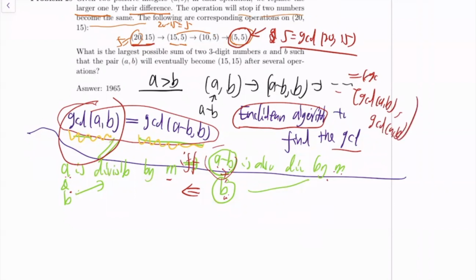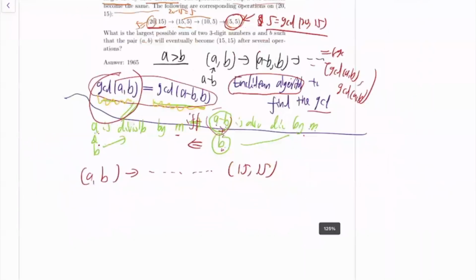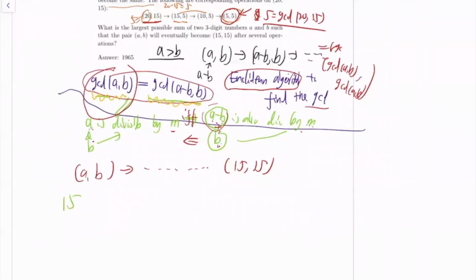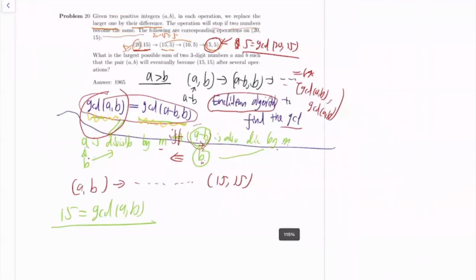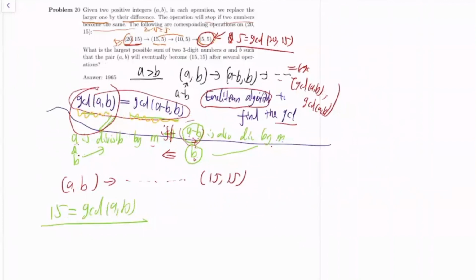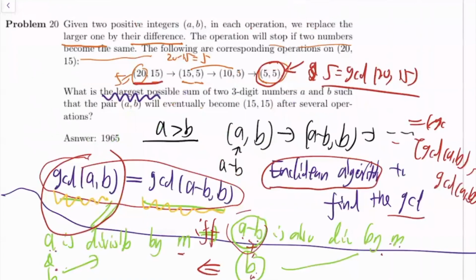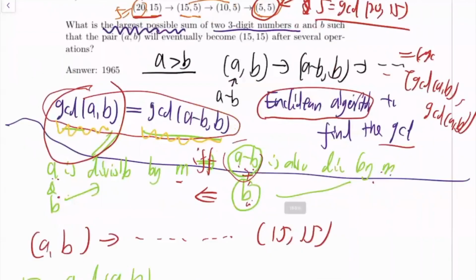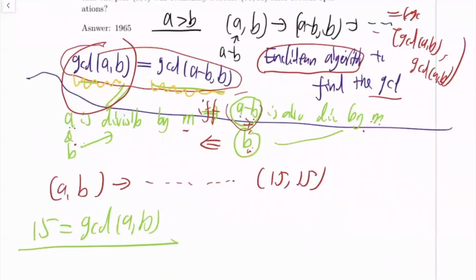Now, here you have A and B. I start doing this operation, and eventually I end with 15 and 15. According to what I said, 15 is the GCD of A and B. Now, what we are looking for is the largest possible sum of two numbers such that the GCD is 15.